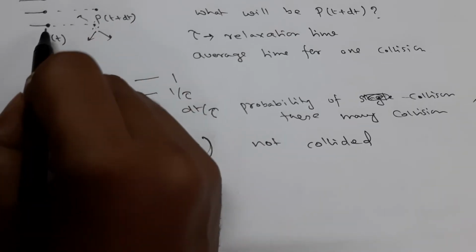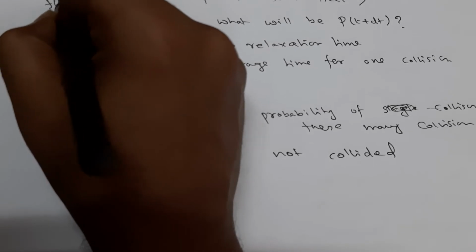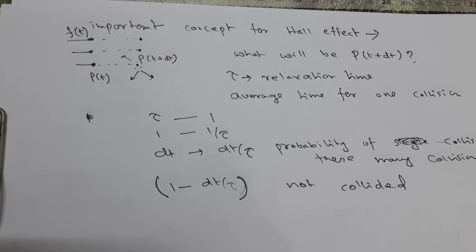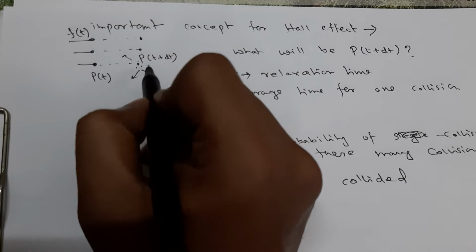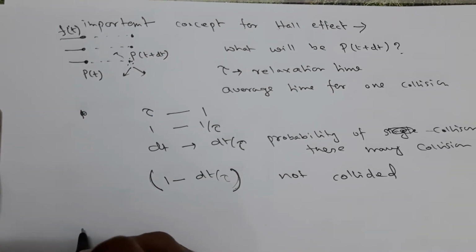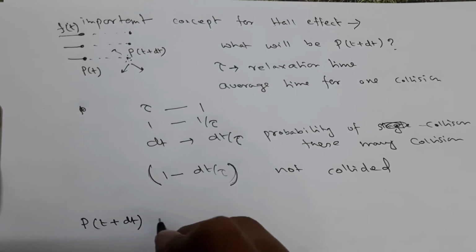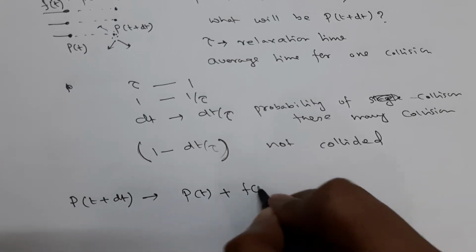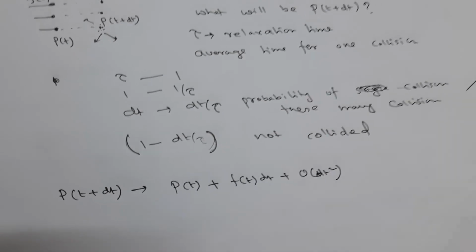So here, the force acting on these particles is F(t). If the force acting on this particle is F(t), then generally, whether there is a collision or not before this time, the momentum gain will be p(t) plus F(t) dt plus some higher order terms.